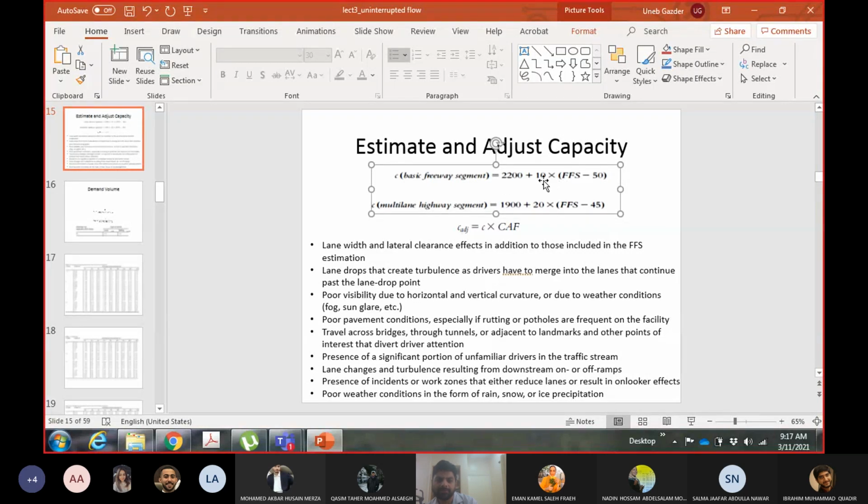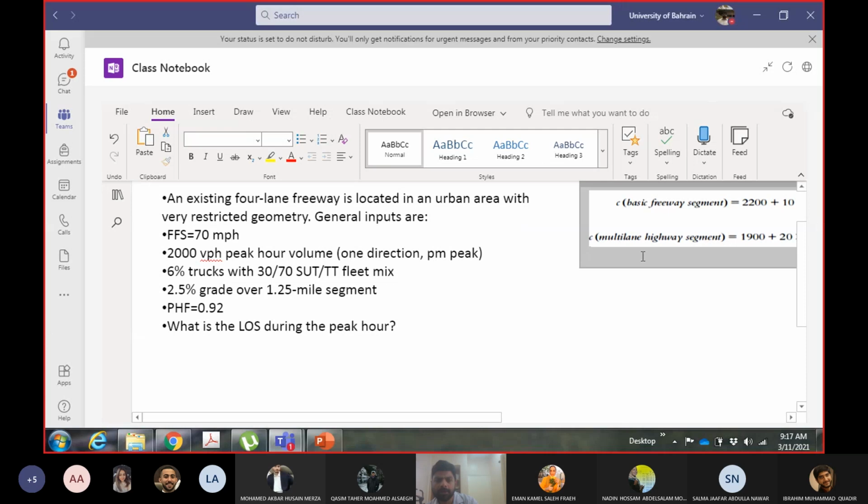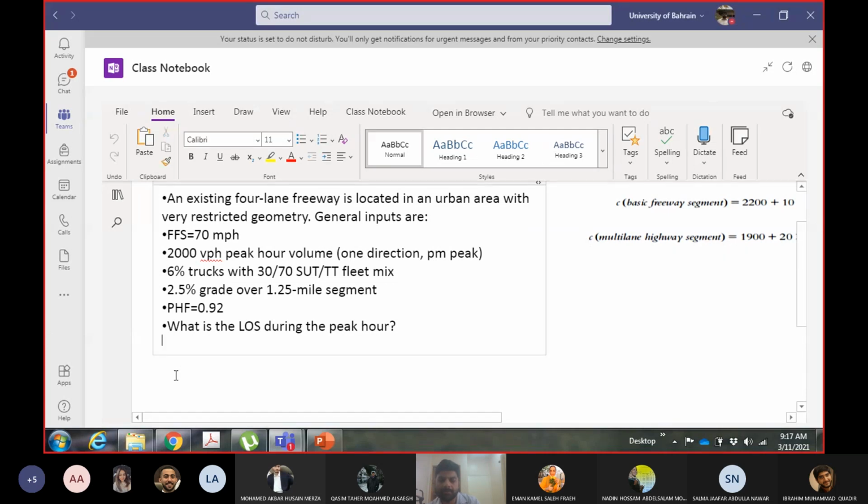Give me the capacity. We can do it directly here: 2200 plus 10 into 70 minus 50. How much? 2400. Okay, so the capacity is 2400 passenger cars per hour per lane.